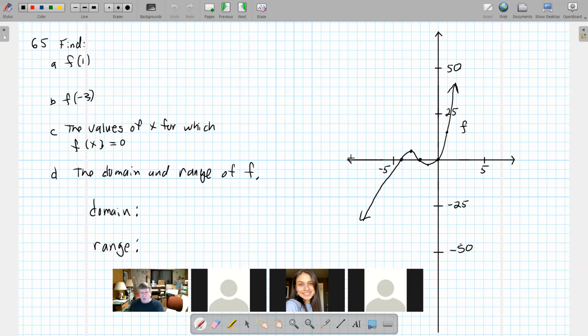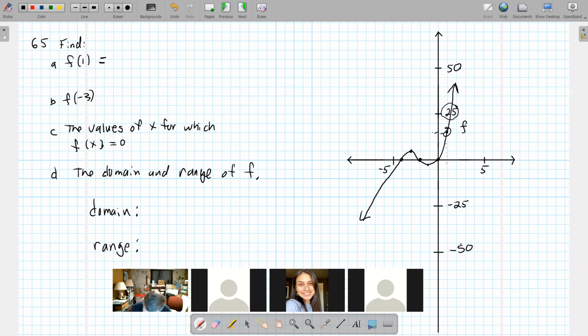So f of 1, when x is 1, what's y? 5. Is it 4, 3? Look at the scale. What's each square on the y-axis? Is it 15?